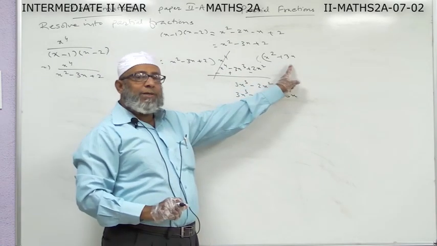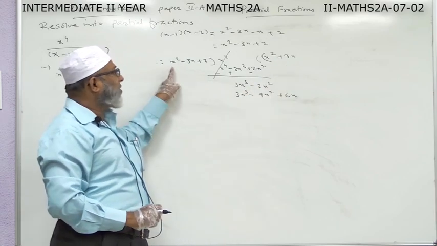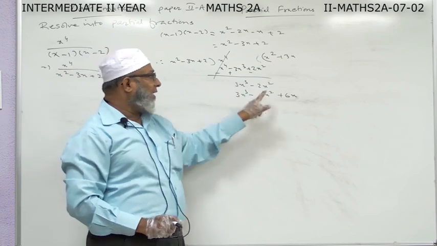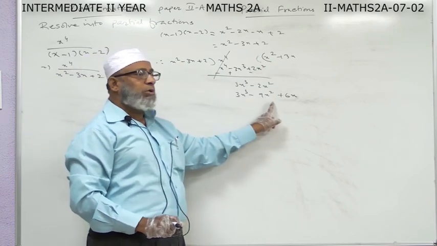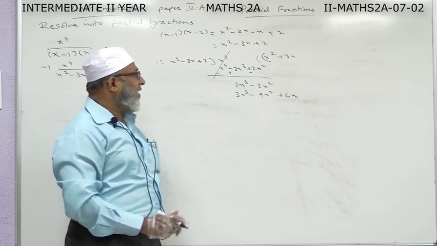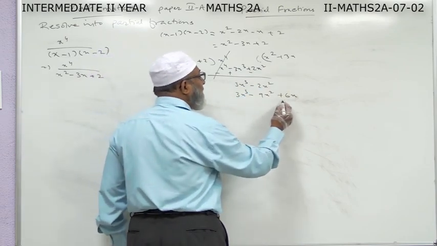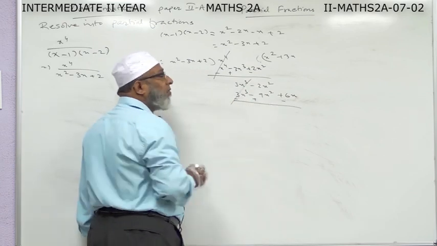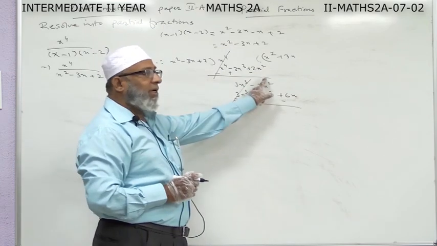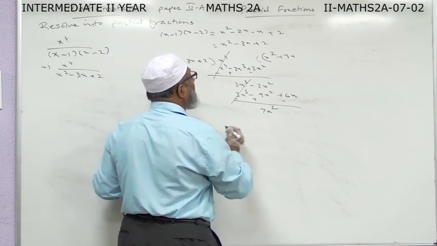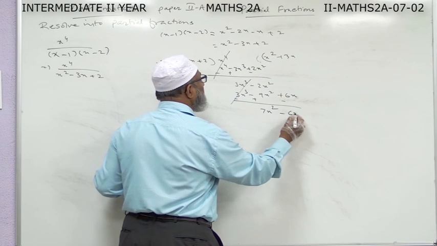Now I am changing the sign again. Minus, this becomes plus, this plus becomes minus. Again, this will be cancelled. 9x square minus 2x square is equal to 7x square minus 6x.